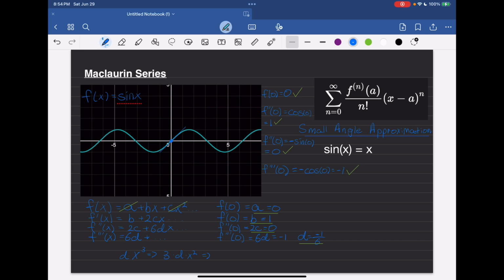And then once we took another derivative, it's 3 times 2 times d times x. And then taking another one, we simply have 3 times 2 times 1 times d, where 3 times 2 times 1 is simply 3 factorial.